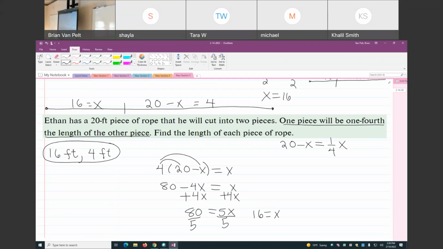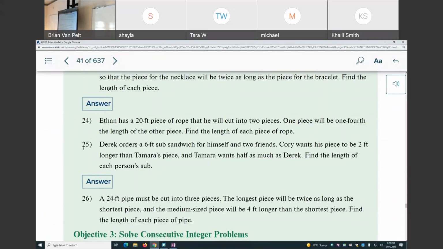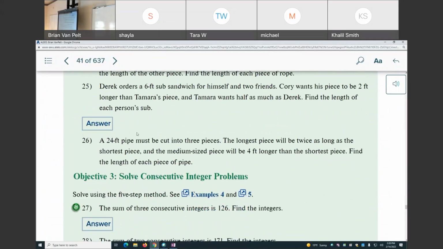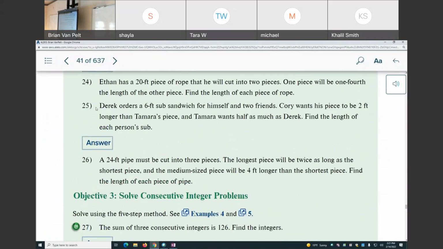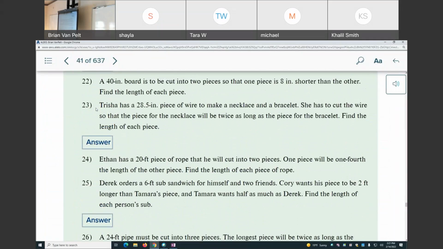Ready to try another rope problem like that one? I think if there's one in there, if not, I'll grab an odd one. It will be almost identical to the one you just did. Here we got 3 pieces. Too bad, I'm not going to go that far. So I have 3 pieces.